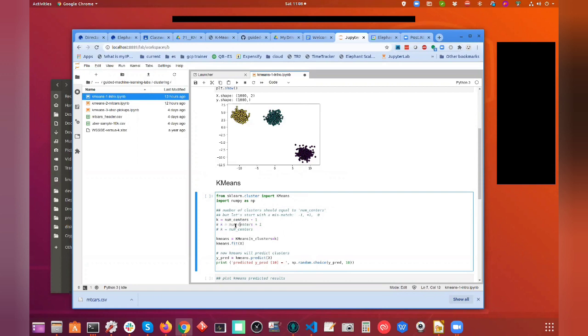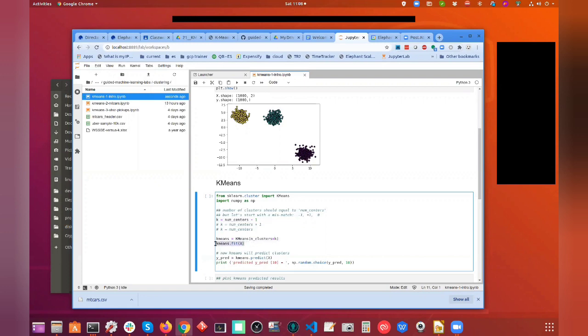So let's say we have 3 clusters, I tell K-means to go find 2 clusters. I'm going to do minus 1 and plus 1, one lower and one higher, and then we'll do the exact one. So K is the number of clusters minus 1, which is 2 in our case. And I simply say K-means with number of clusters K, meaning go find me 2 clusters.